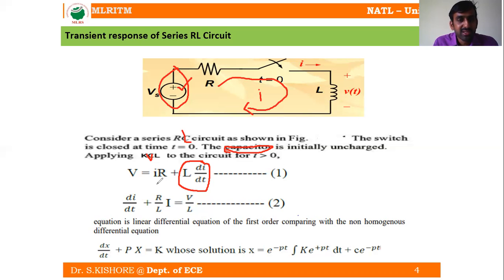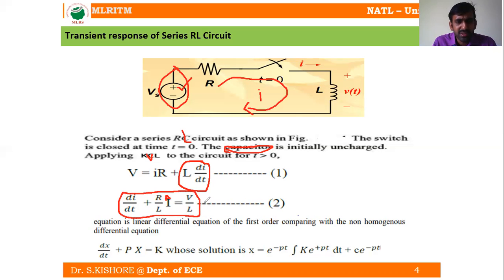So we are going to have di by dt plus R by L into I, which is equal to V by L.